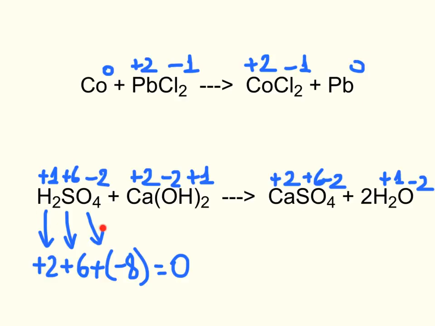Over here in this reaction, if you compare all the charges on the reactant side and on the product side, you will see that none of the species changed their charge. So this reaction is not the redox reaction.